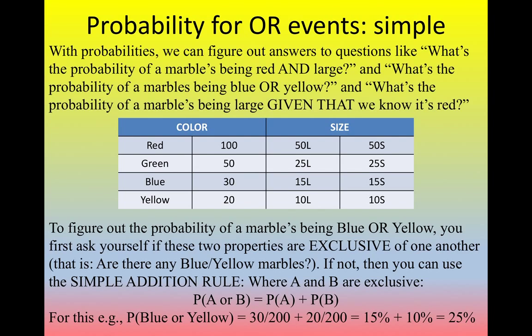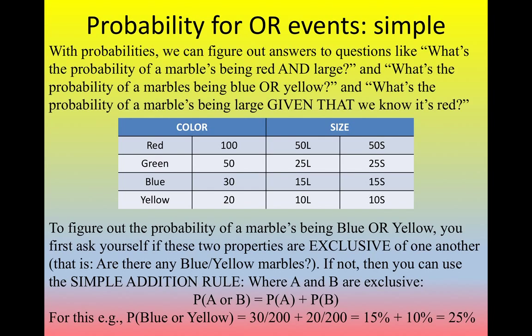Do you remember earlier we talked about what's meant by the term mutually exclusive? If two events A and B are mutually exclusive, it means it is impossible for some circumstance to be both A and B at the same time. For instance, assuming solid color marbles, as we have been, it is impossible for there to be a marble that is both blue and yellow at the same time.